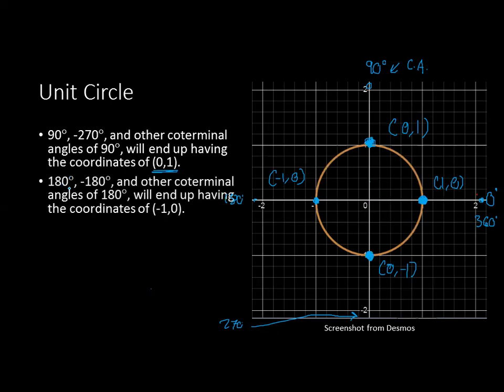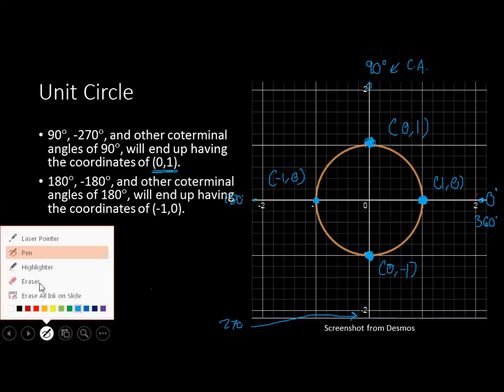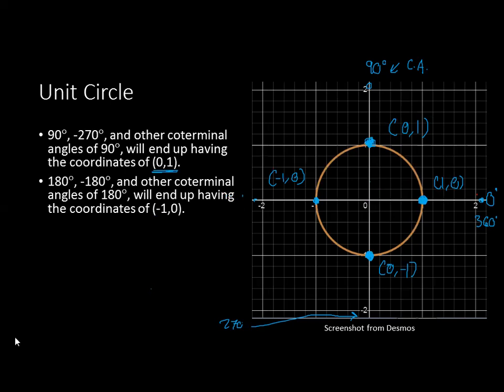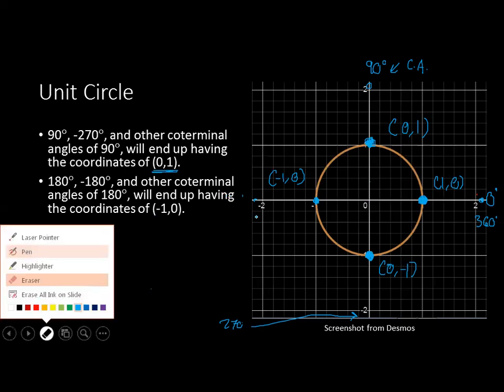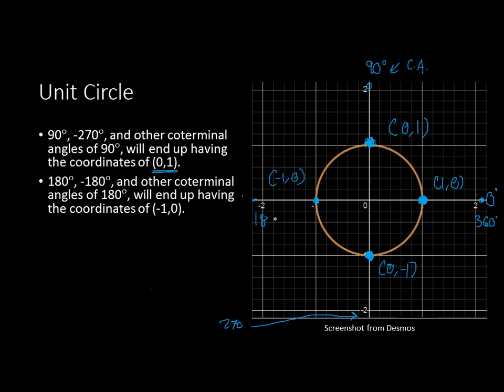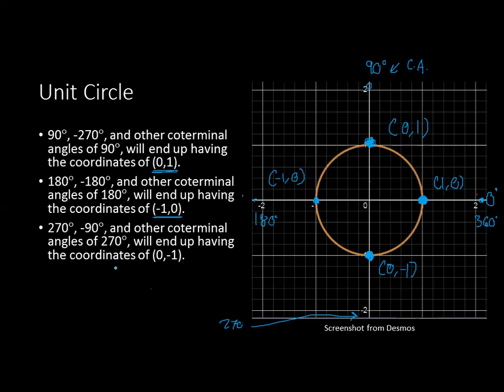Next, 180 degrees, -180 degrees, and other coterminal angles of 180 degrees will end up having the coordinates of -1 and 0. Next, 270 degrees, -90 degrees, and other coterminal angles of 270 degrees will end up having the coordinates of 0 and -1.